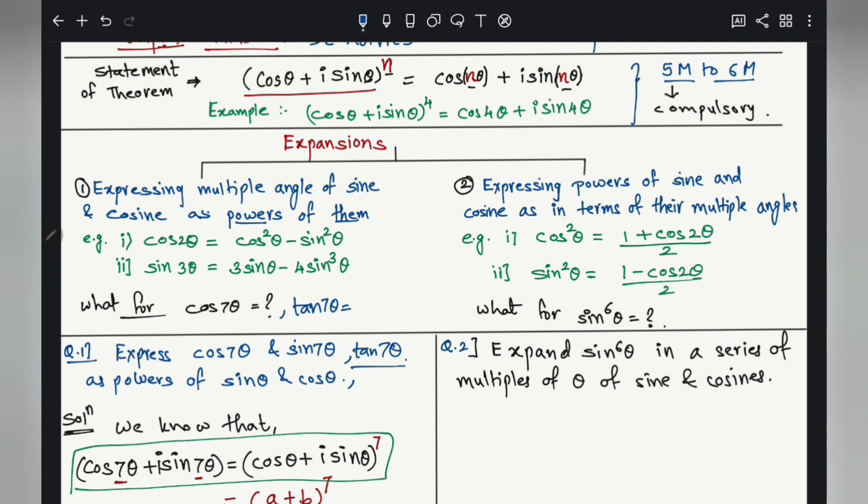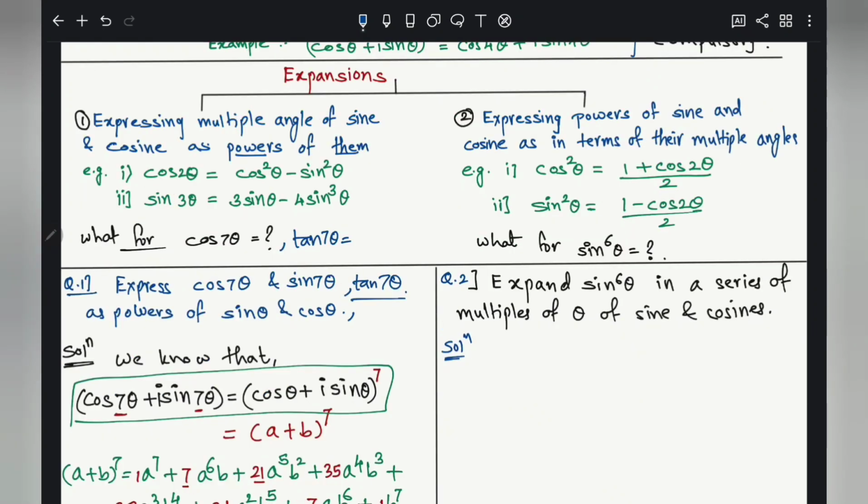So now let's quickly see the other type. In this type of expansion, this is exactly vice versa of what we did just now, that is expressing power as a multiple angle. So in this we have to do the steps in some reverse way. In the beginning itself we will not use De Moivre's theorem, but we will use it after one.